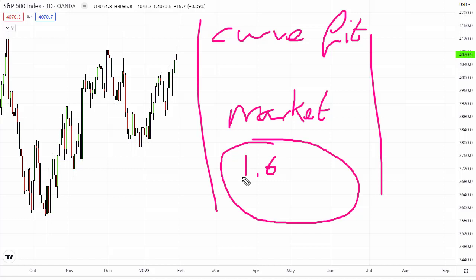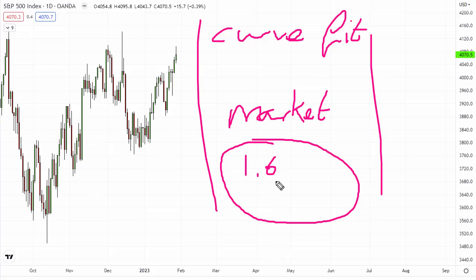Does it have an application in the real world, so that you can say, okay, the pattern itself is a good pattern, whatever it is, and then it's just a case of applying some stops and targets.